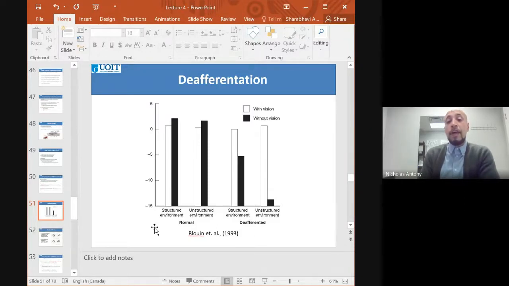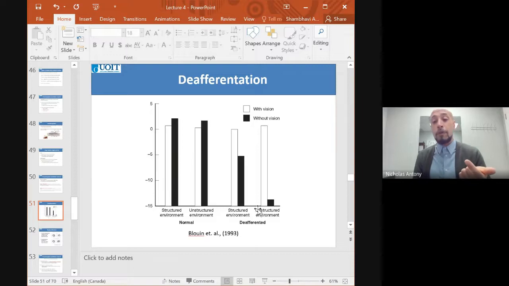And what they found was that when they used someone with diabetic neuropathy, someone that couldn't utilize proprioception, when they removed vision, the diabetic participant performed significantly worse. I'll share it. I'll put it in the module.